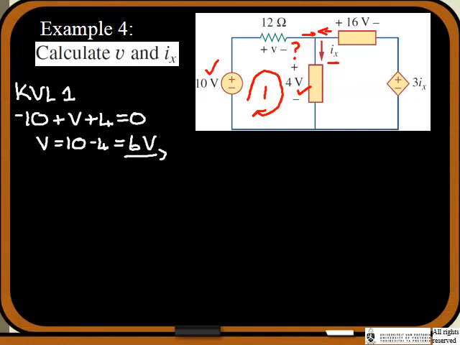But if we look at loop number 2, what do we have? We've got a voltage source over here, but we don't know what the voltage is, but we do know the 16 volts, and we do know the 4 volts. So even with loop number 2, we can solve for this, let's call it Vx.